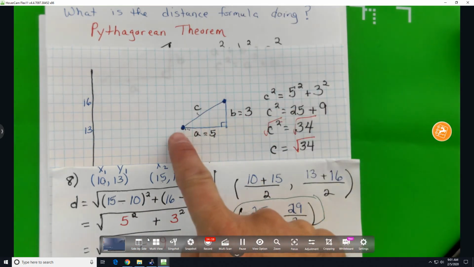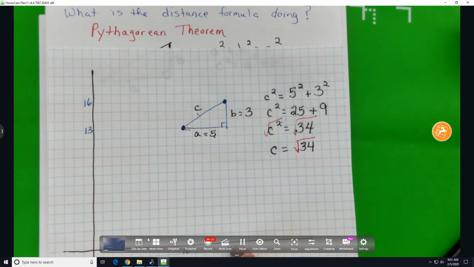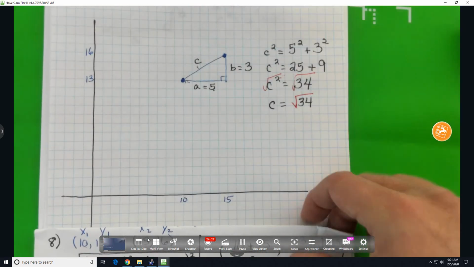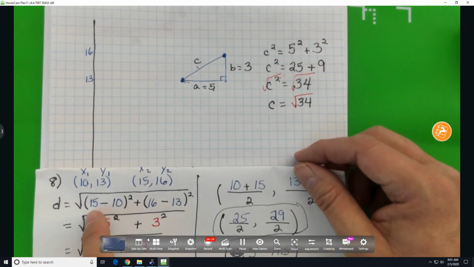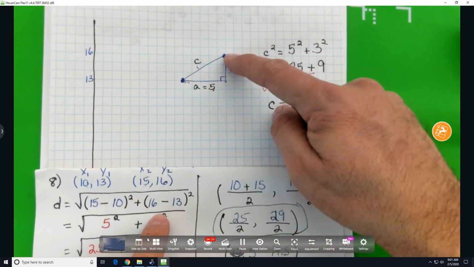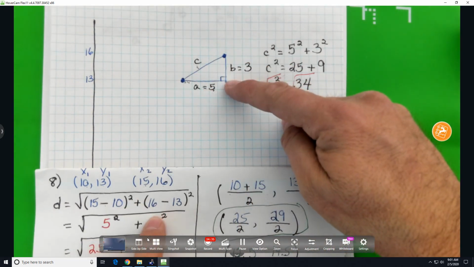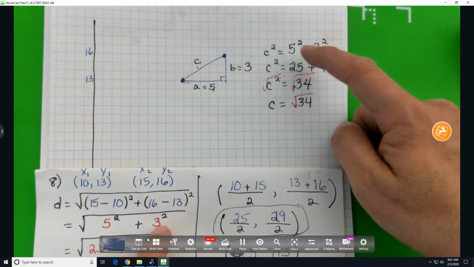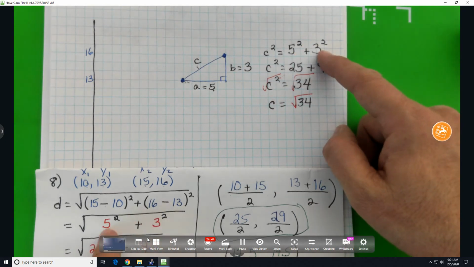The 15 minus 10, that's calculating the horizontal leg. So the x2 minus x1 is calculating the horizontal leg. The y2 minus y1 is calculating the vertical leg. And why are the squares there? Well, that's the a squared plus b squared. That's where those squares come from.